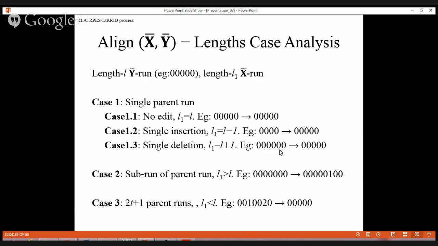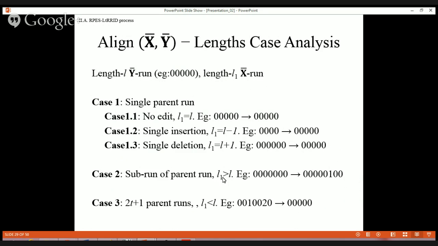The corresponding example is that the parent run is a length 6, 0 run, and by one deletion, we obtain the length 5, 0 run. So these three subcases correspond to case 1, where a single run in X leads to a single run in Y hat.